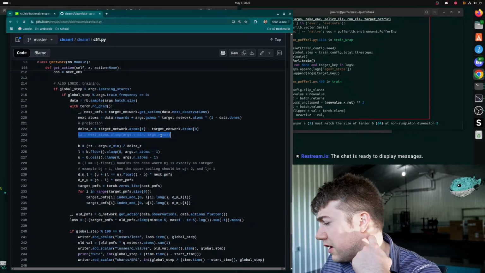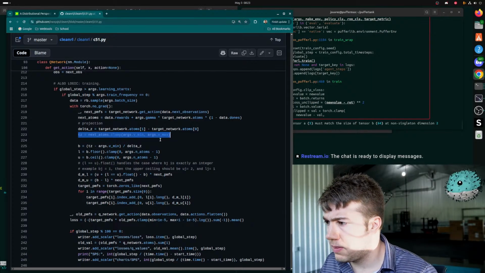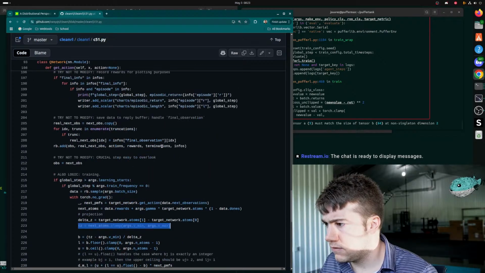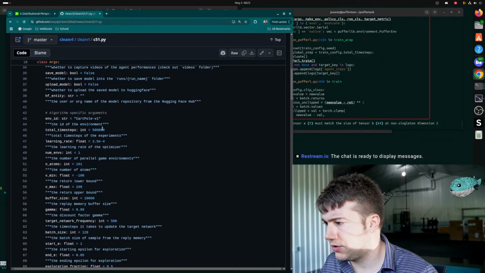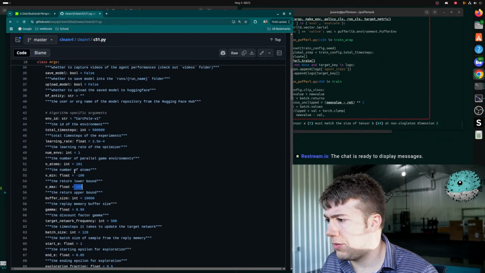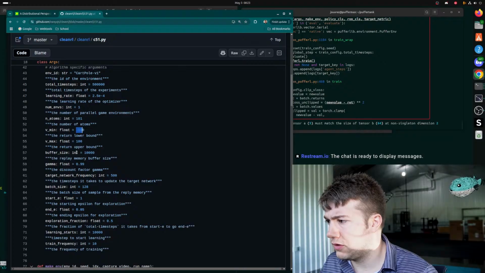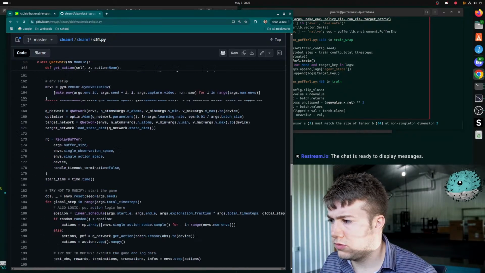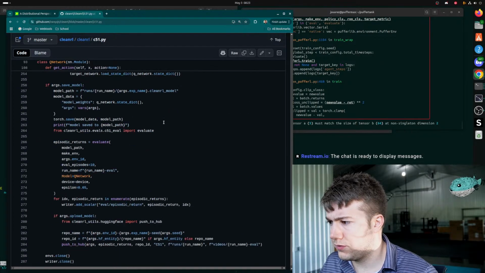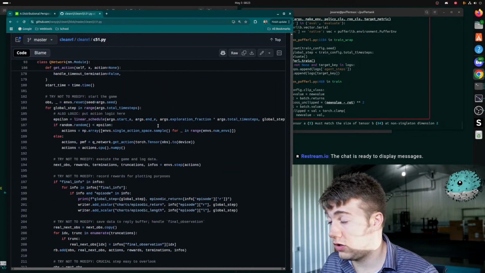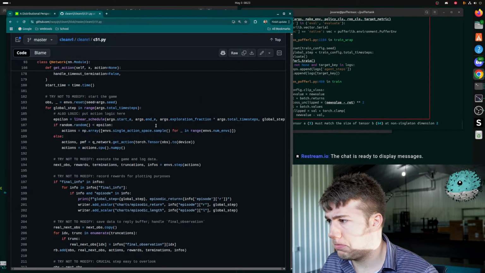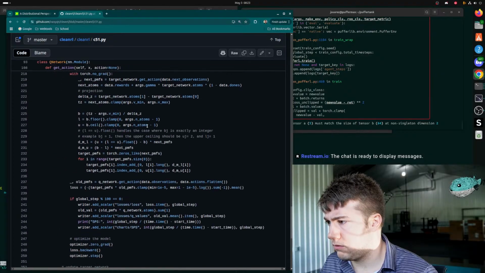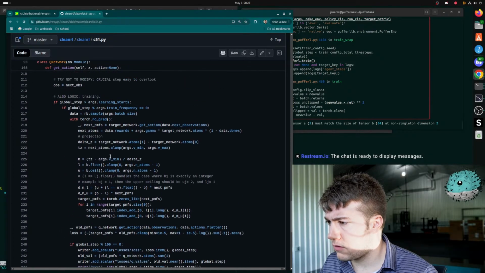And then how do they set V min and V max also? Oh, these are arguments. Yeah. That's interesting. But they just set these to like big values. Okay. So those are just constants. If that's all it is, then that's actually not that bad. I thought it was going to have to be some weird dynamic thing.